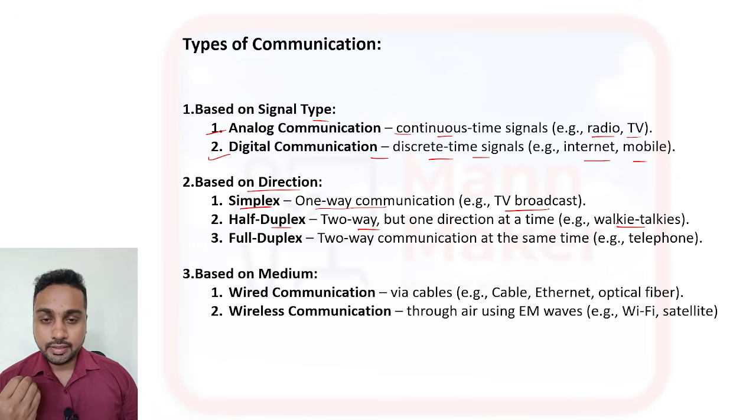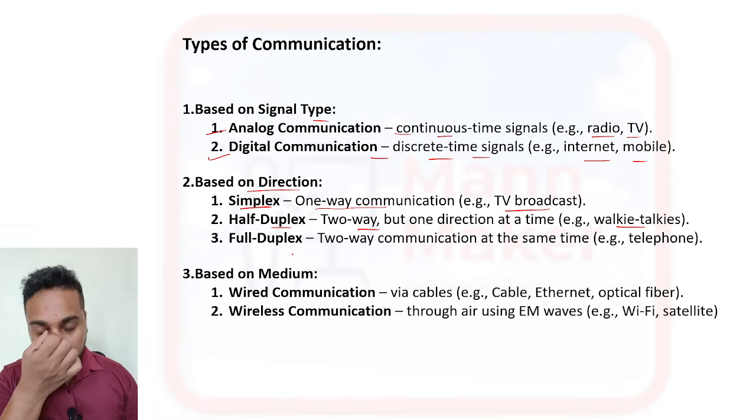I will say something from here, and the receiver will receive the message. After that he will press one button, and then he can reply. He can transmit his message from their side. So at one time we can send our information, then we can receive information. So this is two-way communication, but one direction only.